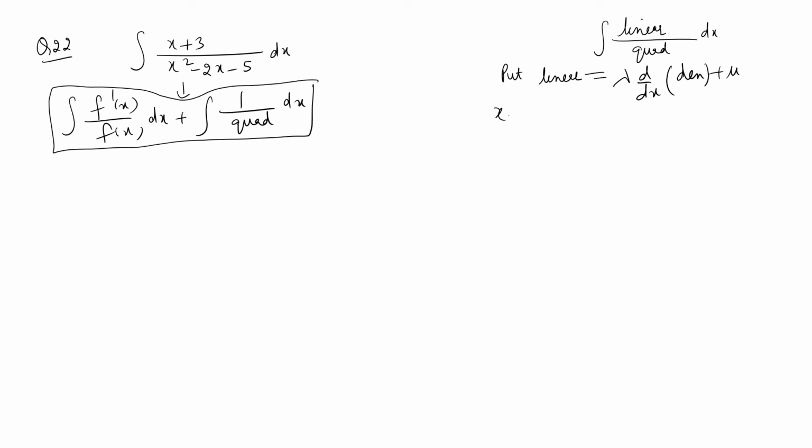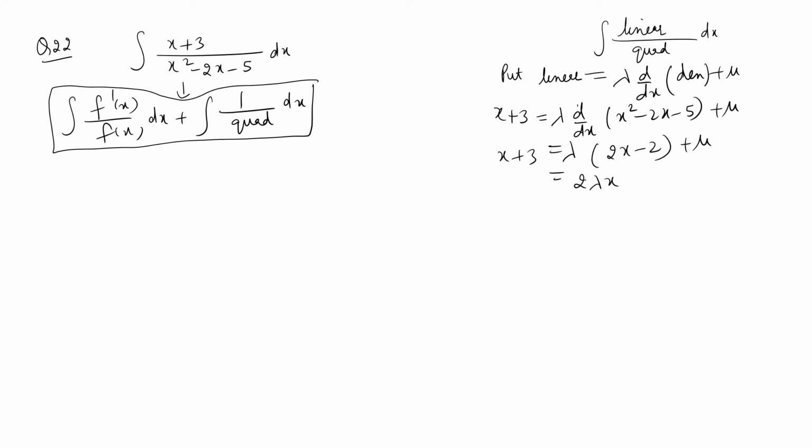Who is linear here? x plus 3. Lambda times d dx of the denominator, here x square minus 2x minus 5, plus mu. So this is lambda times 2x minus 2 plus mu. Open it and separate the terms, the constant terms.